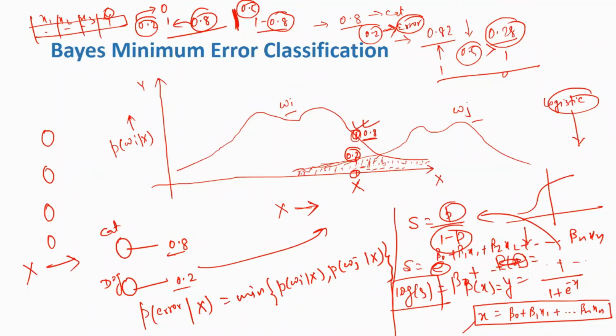Now coming to Bayes minimum risk classification. We know how to find the probability of error given x. In Bayes minimum error classification, we were basically interested in finding the error of the classification.